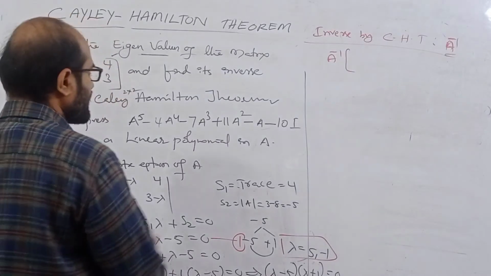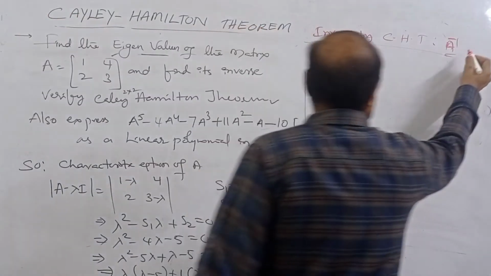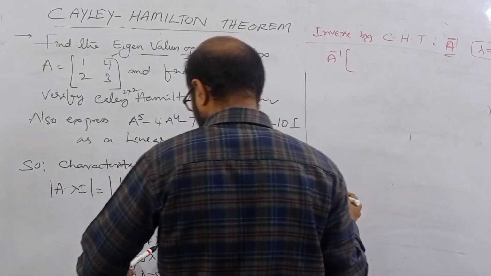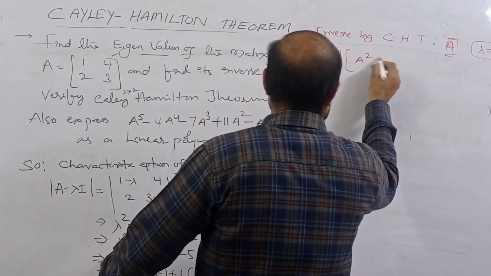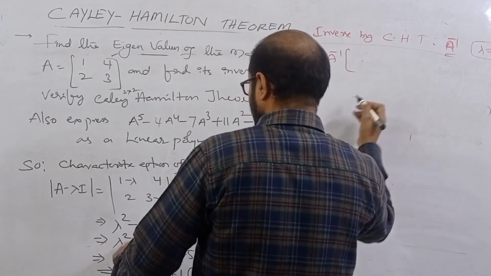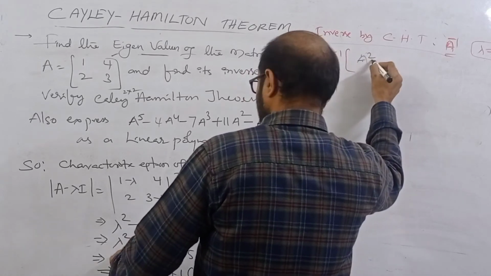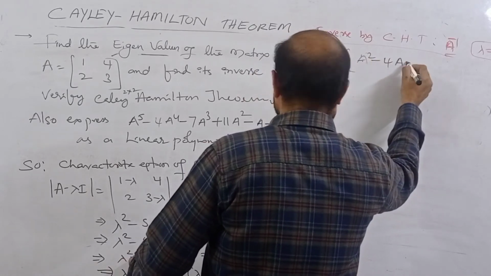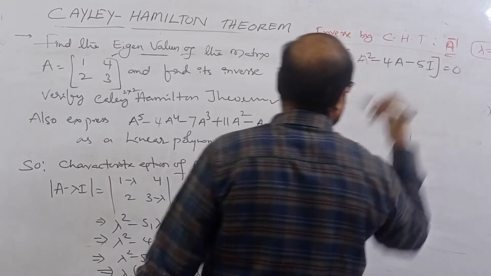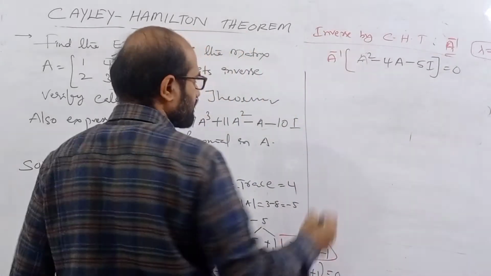Therefore, in the place of lambda, I can put lambda equal to A. Then what is this? A square minus 4A minus 5 into I is equal to 0, and we multiply with A inverse.